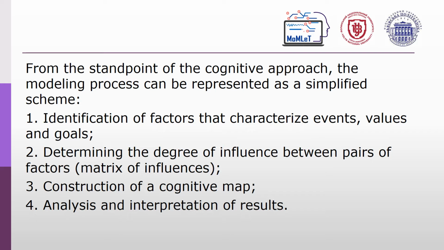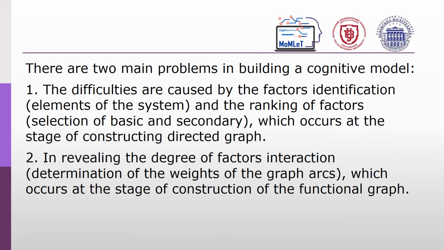From the standpoint of the cognitive approach, the modeling process can be represented as a simplified scheme: identification of factors that characterize event values and goals, determining the degree of influence between pairs of factors, matrix of influences, construction of a cognitive map, analysis and interpretation of results.